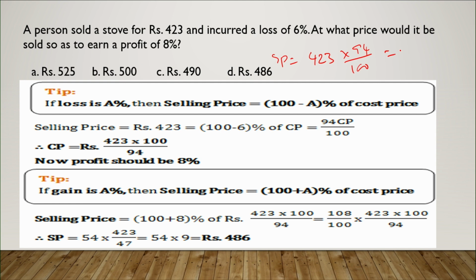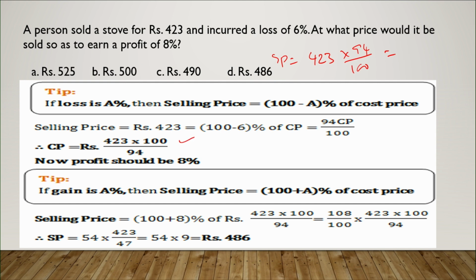So, the selling price is equal to 423 rupees, 100 minus 6% of cost price is 94 CP by 100. So, CP is equal to 423 into 100 by 94. This is the value. Okay.